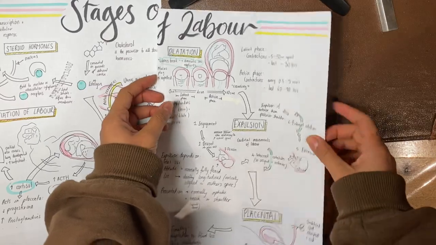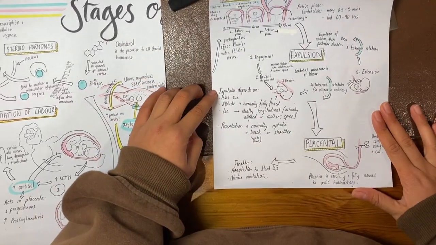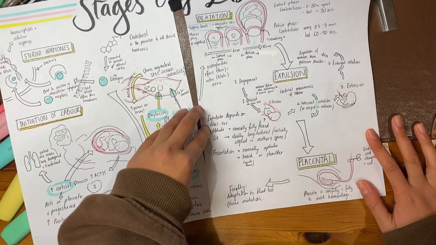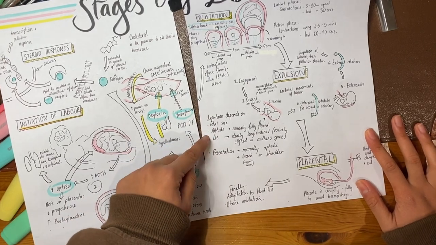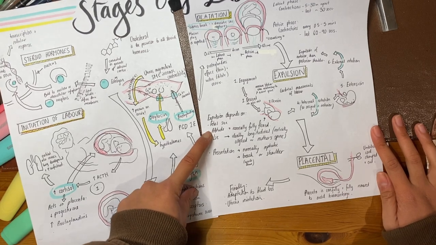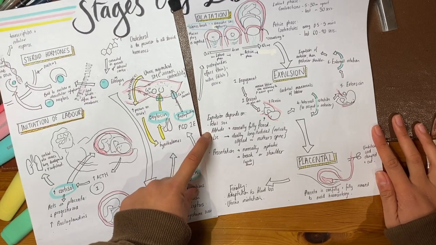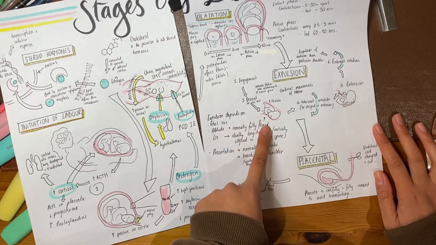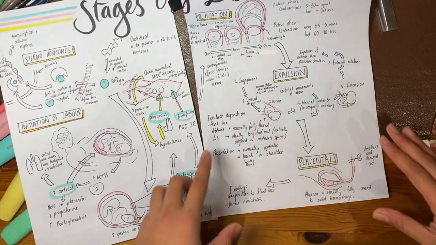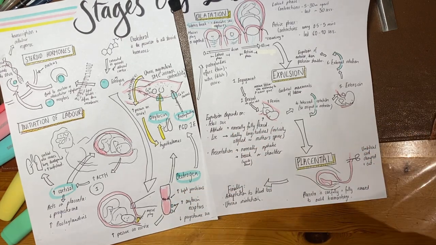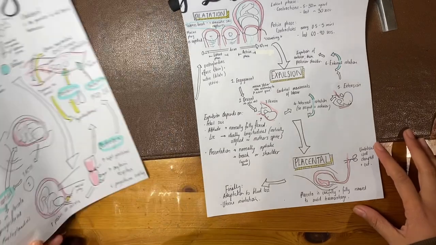I would also like to mention that expulsion depends on a few things. So this includes the size of the fetus, its attitude, which is not whether or not it's sassy, but how the patient is positioned, like its limbs are positioned. So normally it's fully flexed, that is with its head, its legs, and its arms all fully flexed.